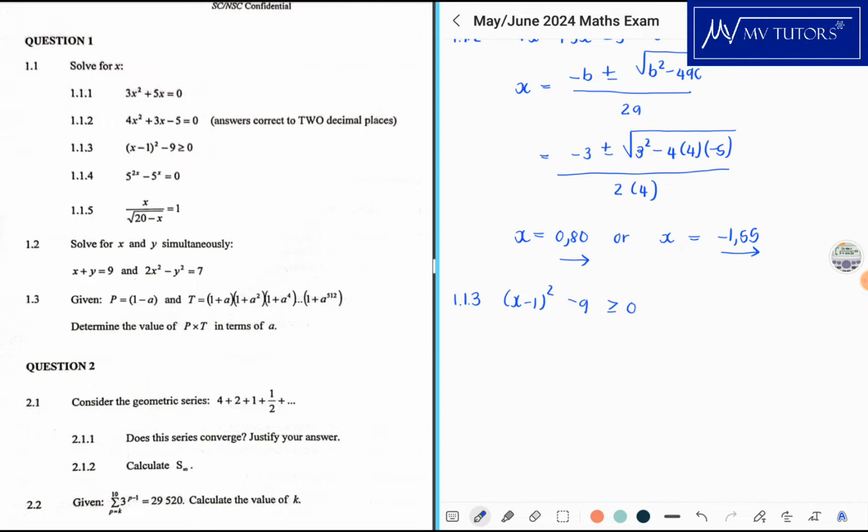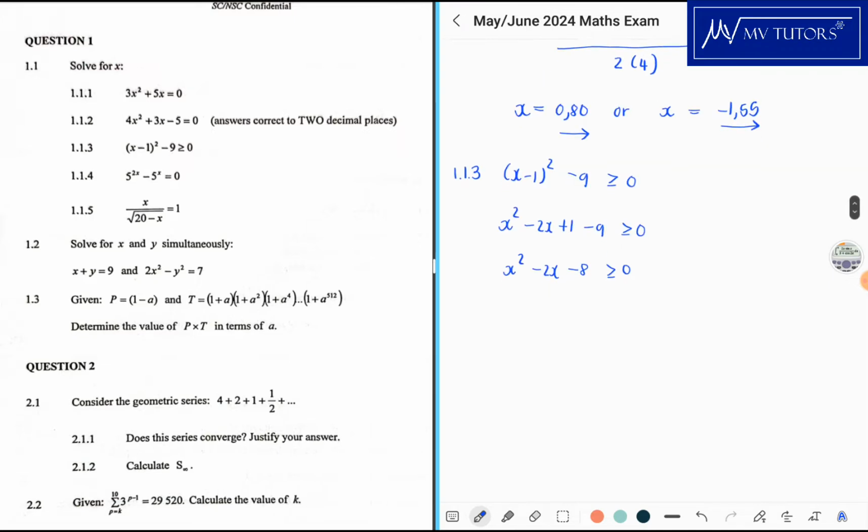But we are solving for x here, so what I would suggest is let us first multiply out and remove the brackets. So we have x squared minus 2x plus 1 minus 9. It's bigger and equal to 0. And if we simplify it, we get minus 8, right?